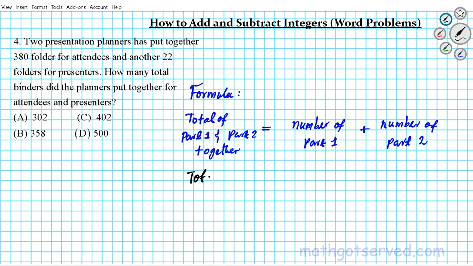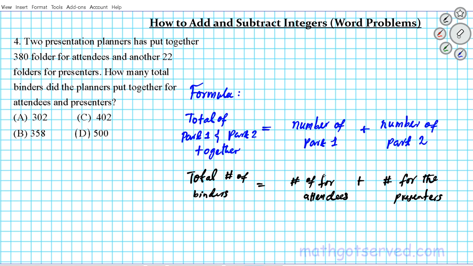All right, so the total number of binders is basically going to be number of binders for what? The first part is for attendees, plus, that's part 1. What's the second part? For the presenters, number for the presenters. So number for the presenters plus number for the attendees.